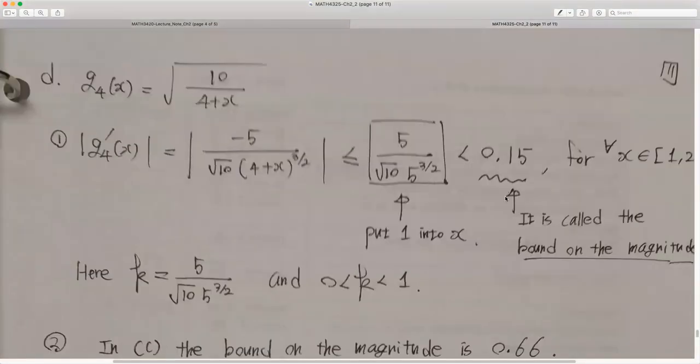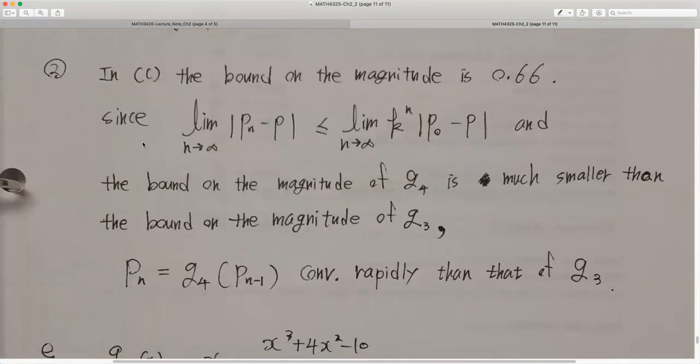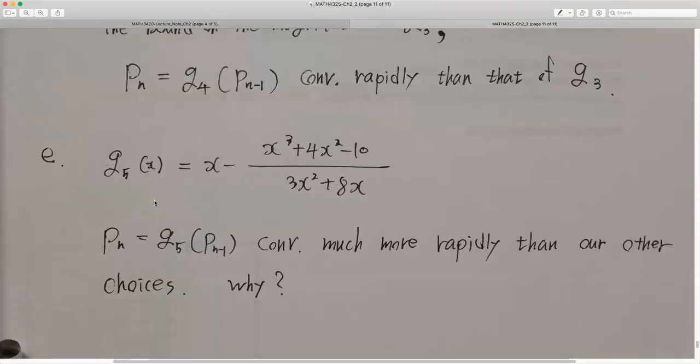But 0.15 is much farther away from 1, much closer to 0. So the decay in D is much faster than the decay in C. That's why with the G sub 4 definition we got fewer iterations to converge to P than with G sub 3.